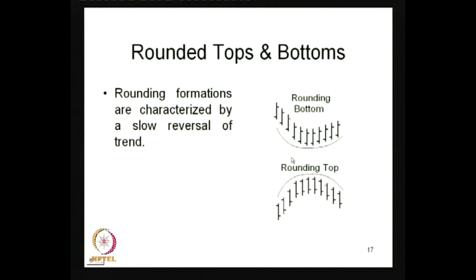Generally, the reversal of the trend is reflected here, slowly, and we cannot see definitely how fast the price is going to change, but clearly it shows that the trend is changing. If the trend is changing, we can reflect from the rounding bottom or the rounding top, and then take a decision whether to buy or sell.